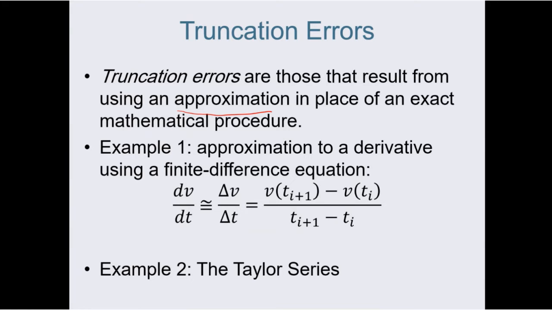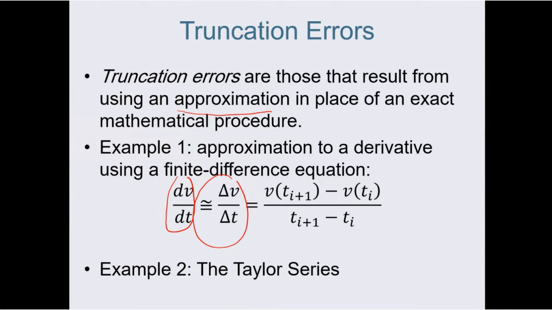We have taken this in chapter 1 as well. We said we can approximate dv over dt to be approximately delta v over delta t. So we are just approximating the derivative, and we know, of course, that this is an approximation.